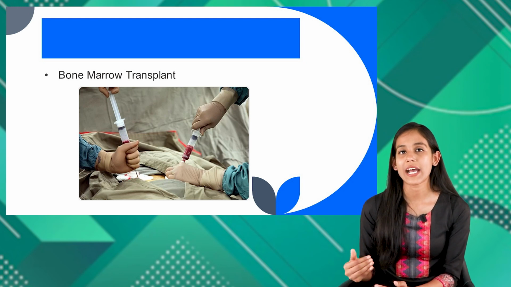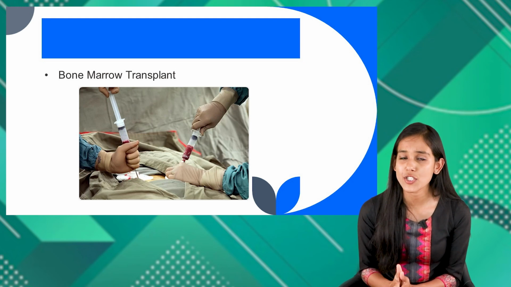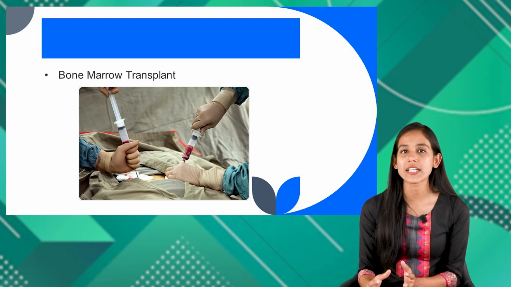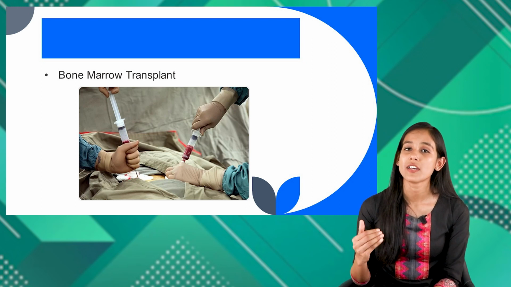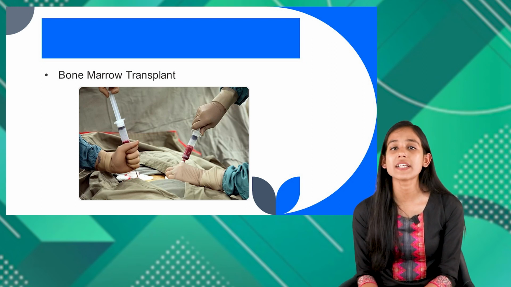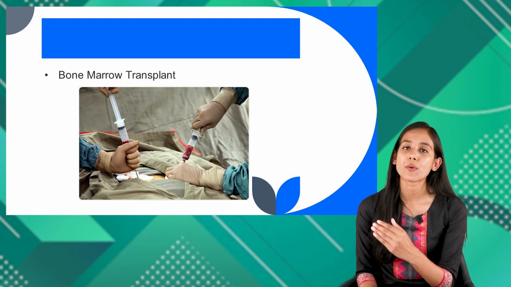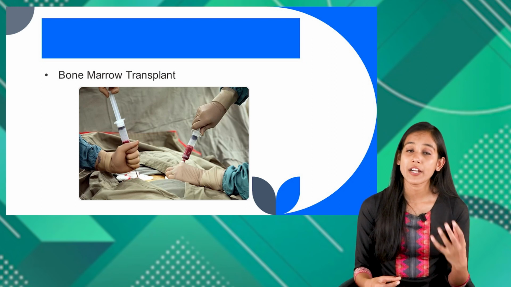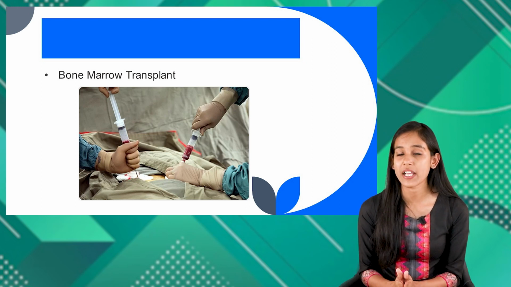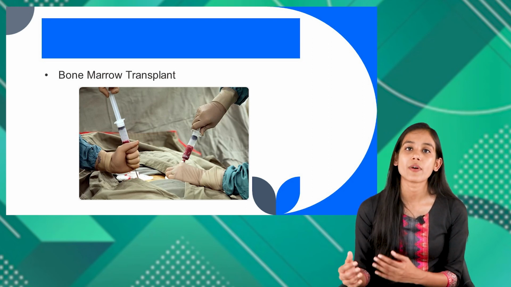So because of that, this is a procedure which is very difficult to do, because we have to find the donor. So for example, if there is a sibling with whom HLA typing can be matched, or stem cells from the umbilical blood can also be an option.